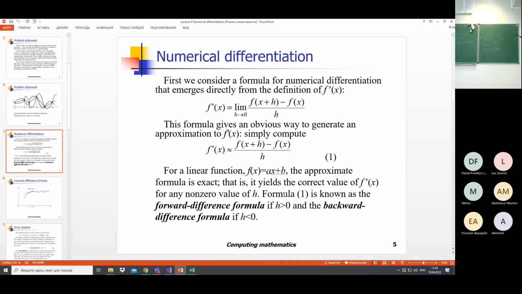It can also be computed rather simply because these values are not very hard to compute.